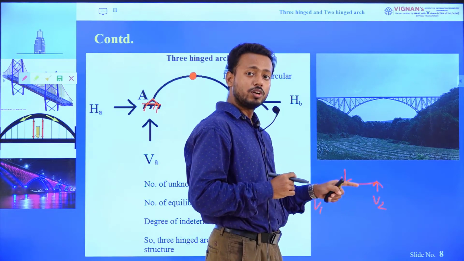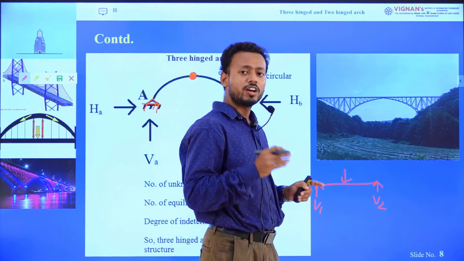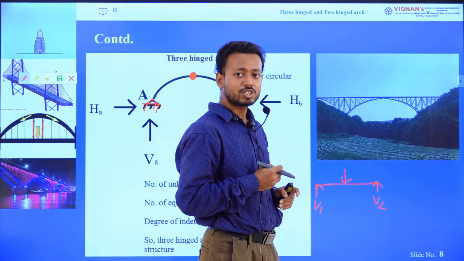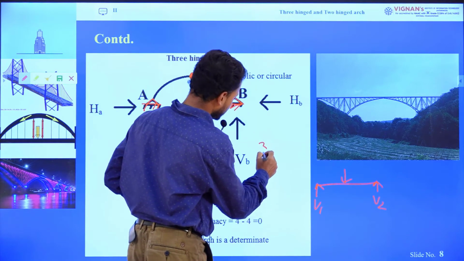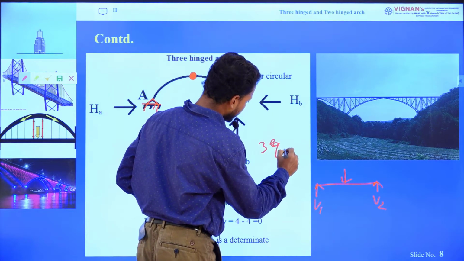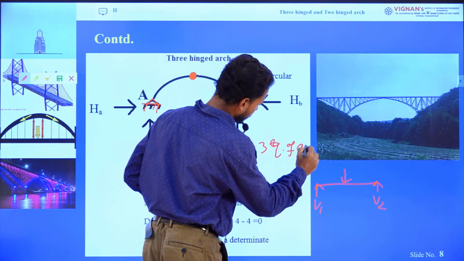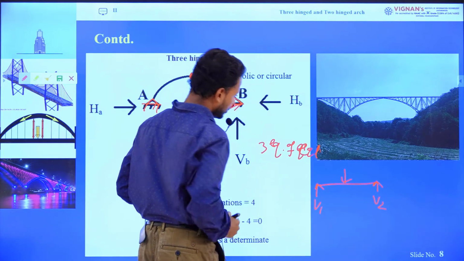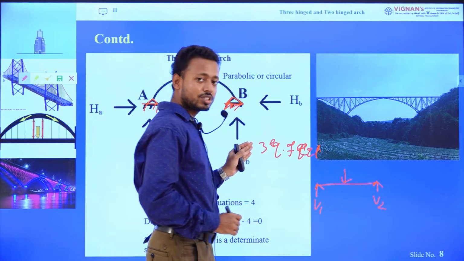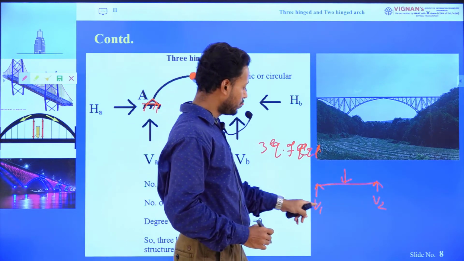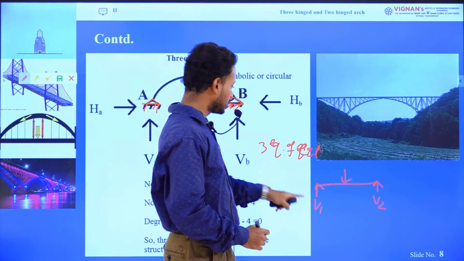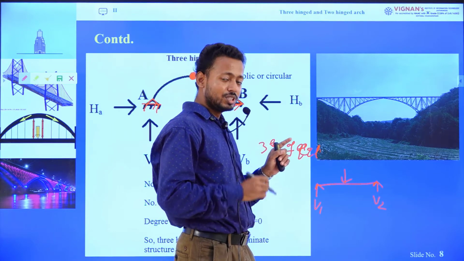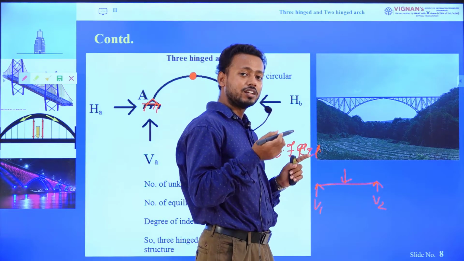So how will you solve these unknowns? We have 3 equations of equilibrium, and we have 2 unknowns. So 3 minus 2 is 1, which is greater than 0.